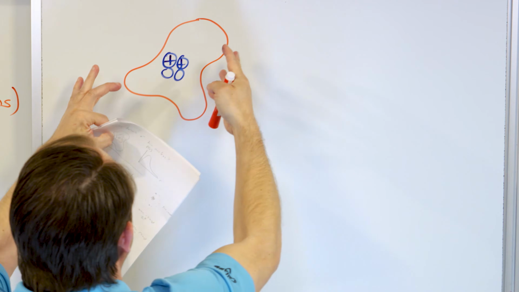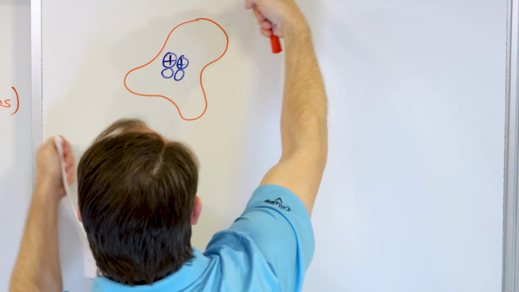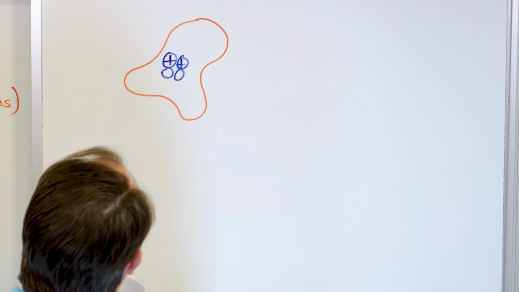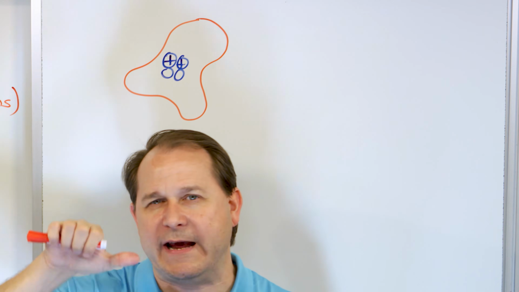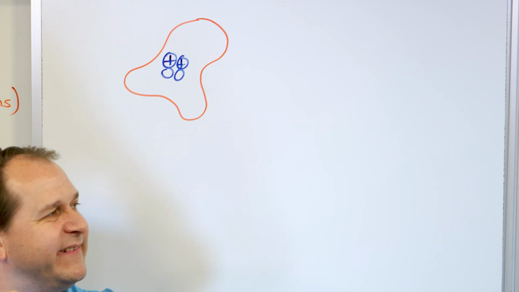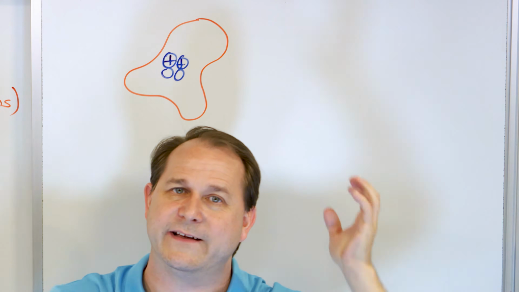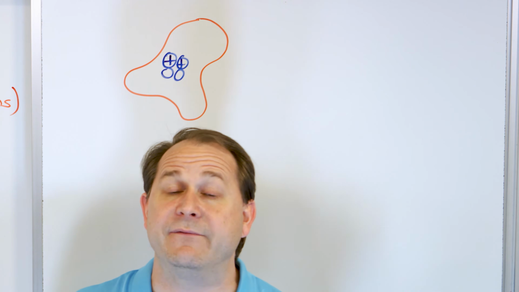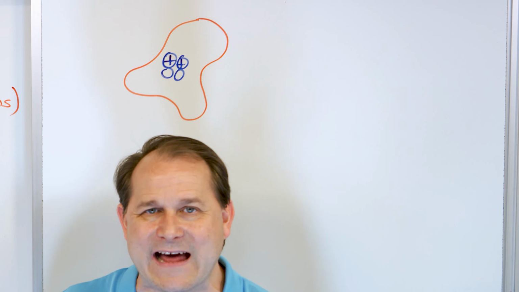Now I've drawn it like a blob here, but you need to envision it vibrating like a drum, going back and forth in time, right? If you imagine taking a string and tying the string to the wall and vibrating it, you can set up the waves on the string, and you can see them going back and forth like this, okay? Well, the electrons are behaving the same way. They're forming standing waves around the atom.